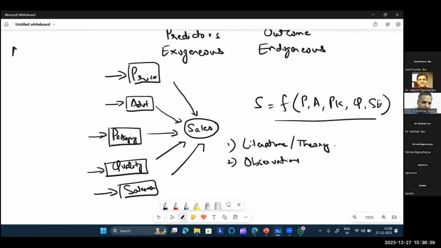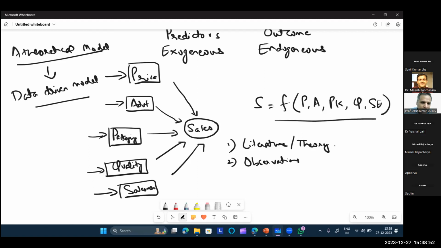This is known as an atheoretical model. It means not much is known about this particular model, but it's a data driven model.